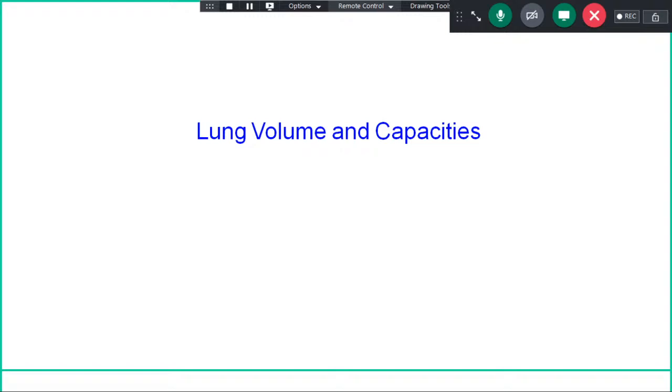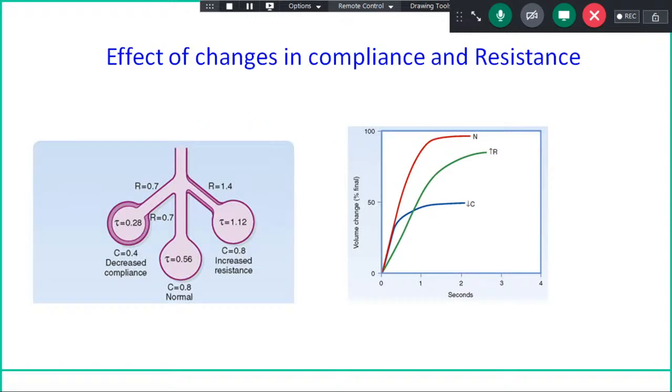So coming to the volume we are talking about, that is the lung volume at which the respiration occurs, it will determine how much ventilation and blood flow is occurring to different parts of the lung and the ratio.